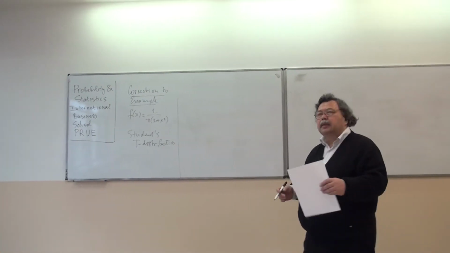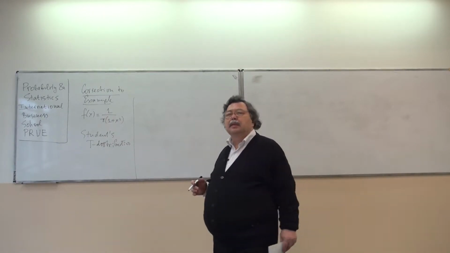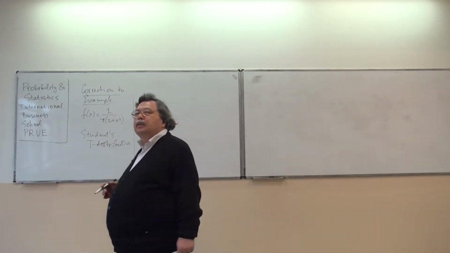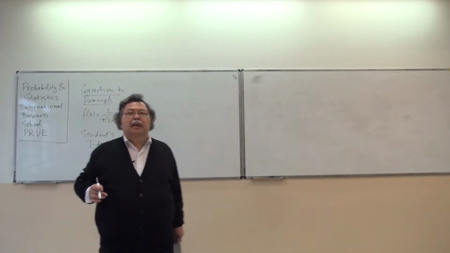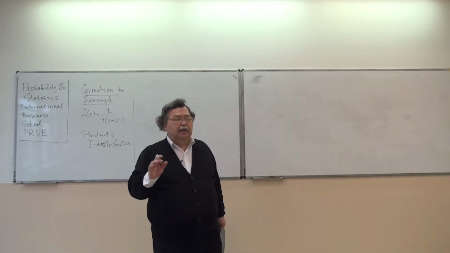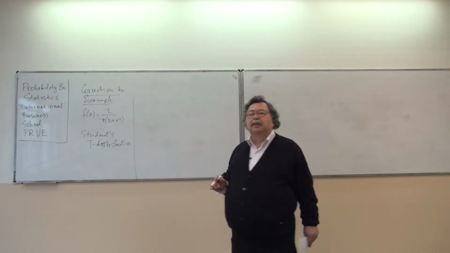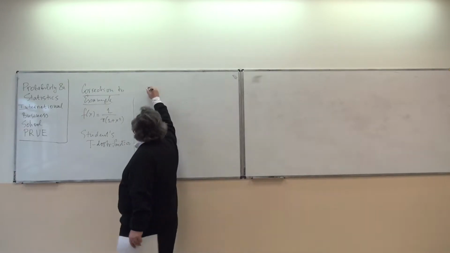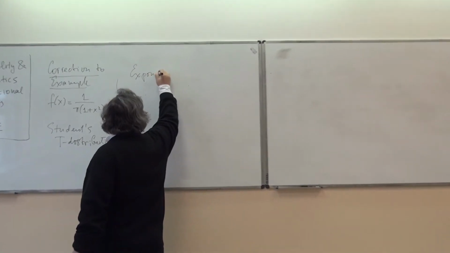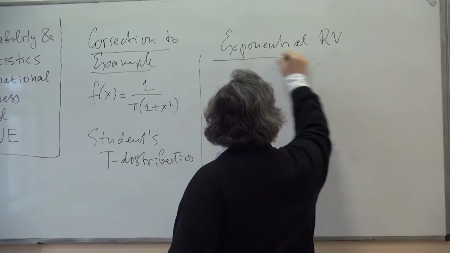Next, let me remind you that we are now in the process of discussing continuous random variables, and we talked about the uniform random variable. Another important example of this is the exponential random variable.